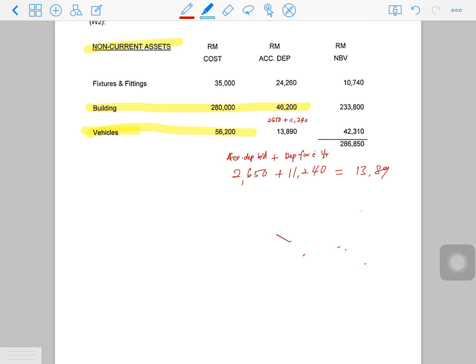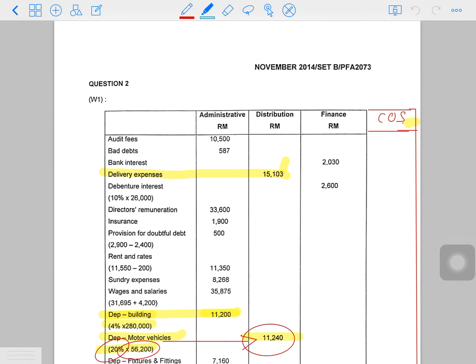If you look at building here, you find out that the net book value is 245,000, so it should be 245,000 minus 11,200. Sorry, not there, here.